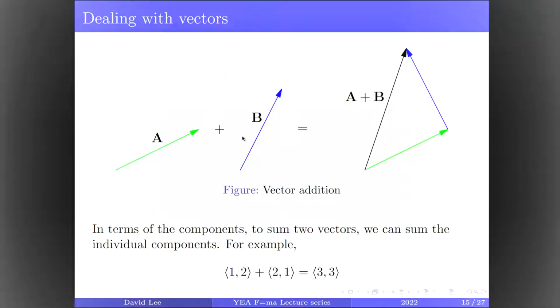And in terms of components, you can see why we wanted to express vectors in terms of components, because to sum two vectors, we can just sum the components to get our final vector. So for example, if you have the vectors (1, 2) and (2, 1), the sum becomes (3, 3).